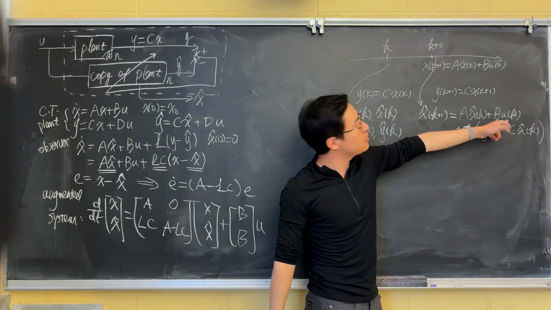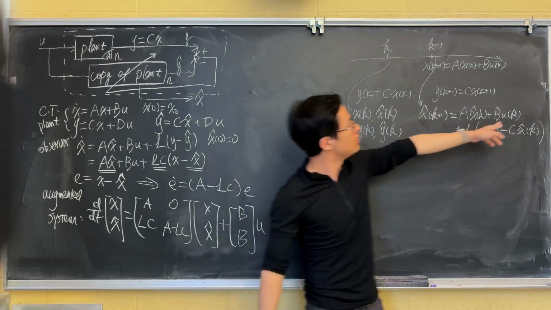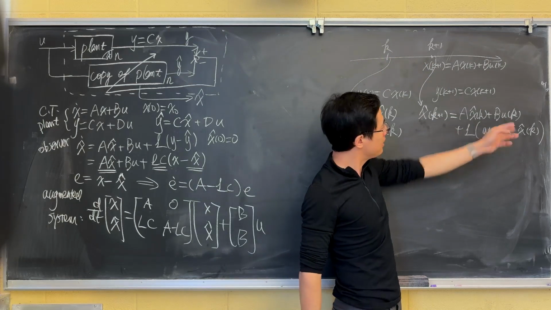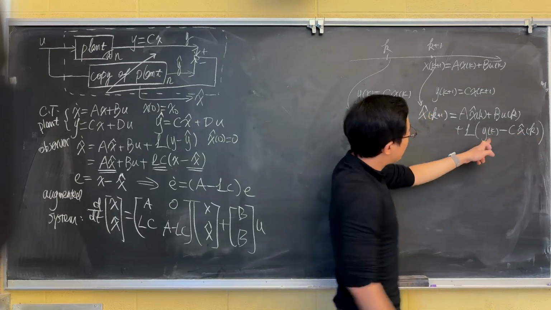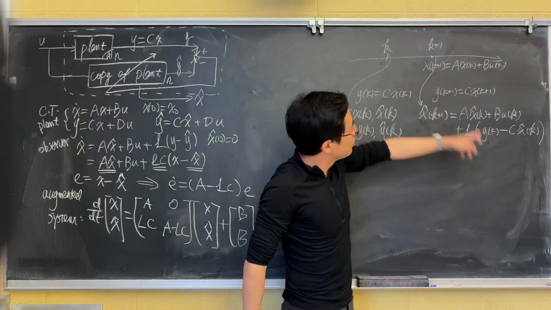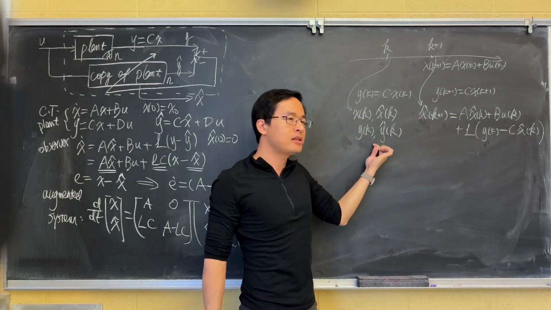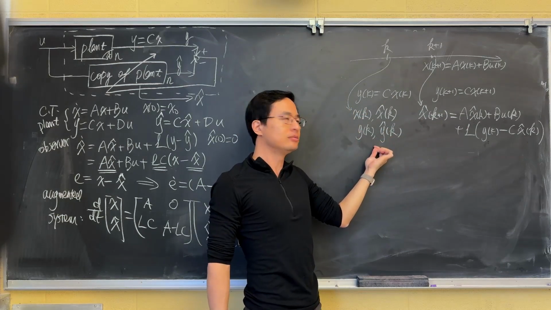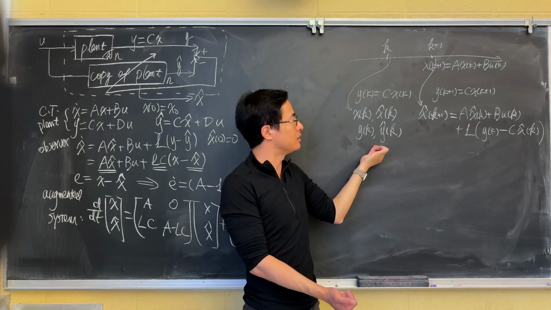I also have uk, which is the control input that happened here. So no problem here as well. X hat k, still no problem. Look at this one. At this time, we are using the output y that's one step in the back. We are using the historical output measurement.